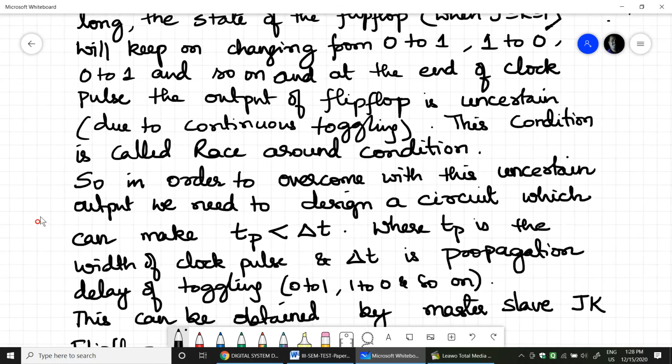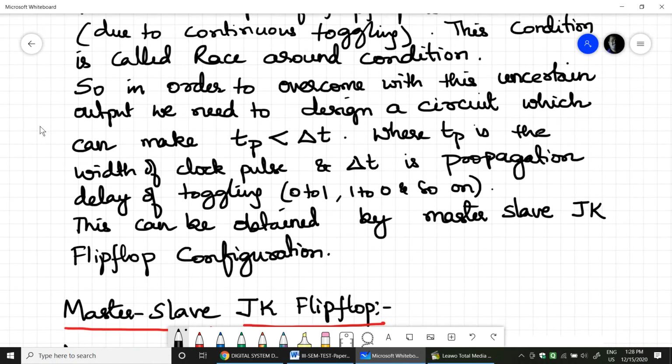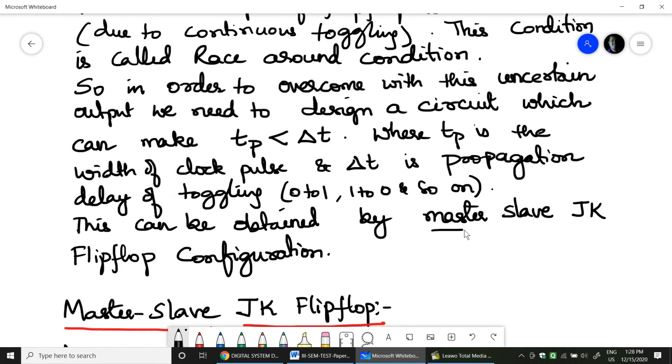So how do we do that? This can be obtained by having a master slave JK flip-flop.